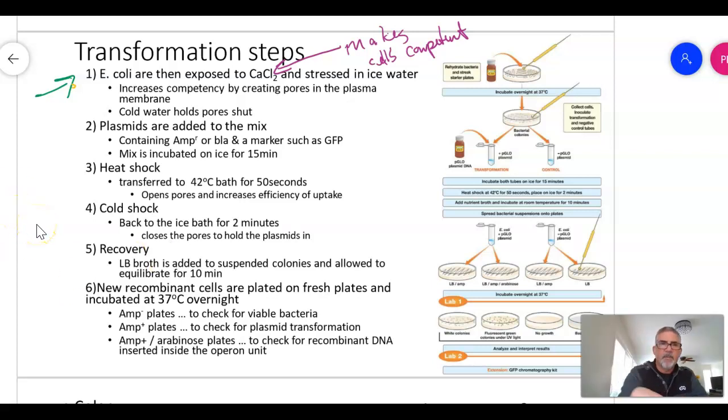So the next thing I'm going to do is I'm going to add plasmids to the mix, right? My plasmids are going to have an AMPR or a BLA gene, right? That's our antibiotic resistance, and a marker like GFP, which is green fluorescent protein.